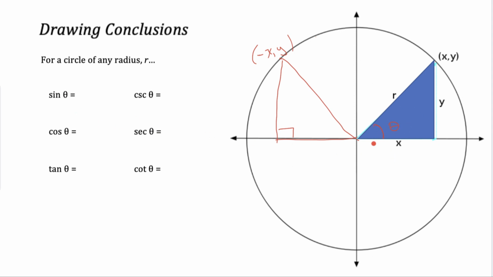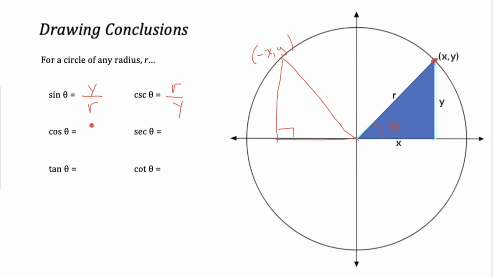The sine of theta is going to be y over x. I'm sorry, not y over x, y over r, right? Opposite over hypotenuse. But now we're on a circle, so the opposite side is the y value of whatever this point is, and the hypotenuse is the radius of whatever the circle is. Therefore, cosecant is just going to be r over y.